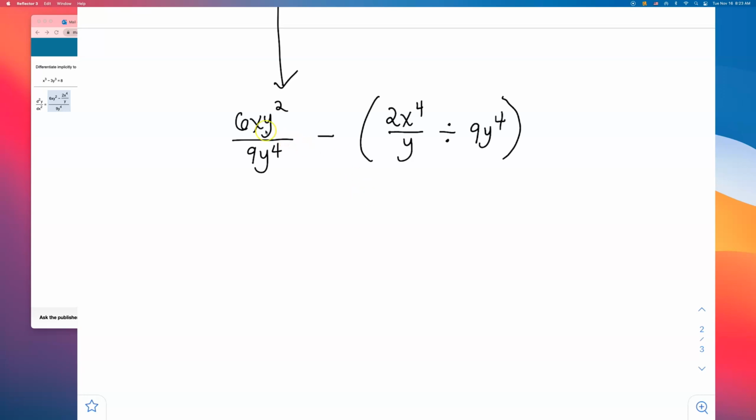So I have 6 over 9. That's going to give me 2 over 3. There's just x on top, but I notice there is y squared divided by y to the fourth. That's going to give me y squared in the bottom. So that's the first piece simplified.